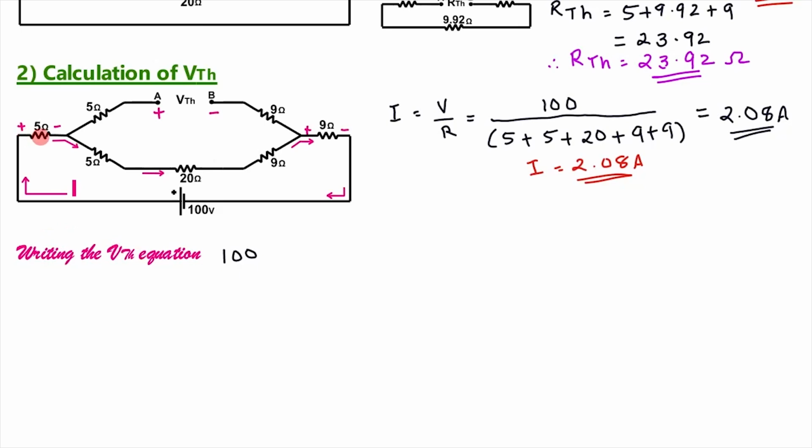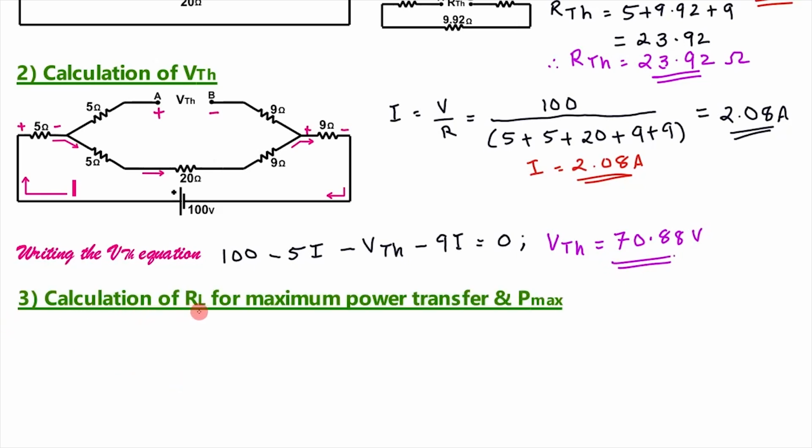As it is plus to minus, voltage drop, minus 5 into I, here also plus to minus, that is a fall in potential, minus VTH, then voltage drop, minus 9 into I is equal to 0. Solving this equation, we will get VTH is equal to 70.88 volt.